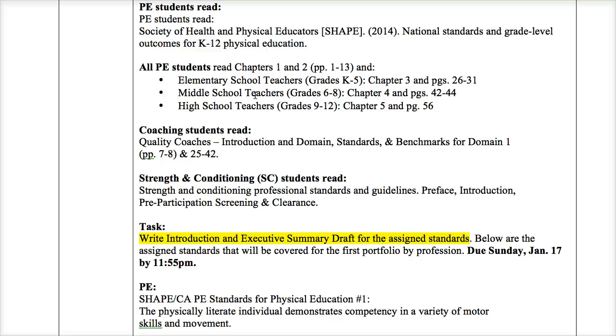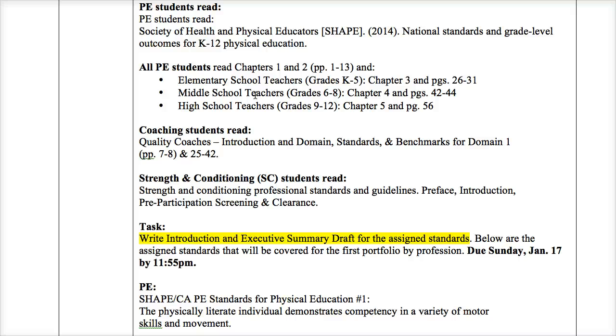So, well, first question is what standards do I follow? In the Appendix B, it's described there a little bit more in detail, but basically, if the majority of your pay is coming from being a PE teacher, then you should follow the PE standards.